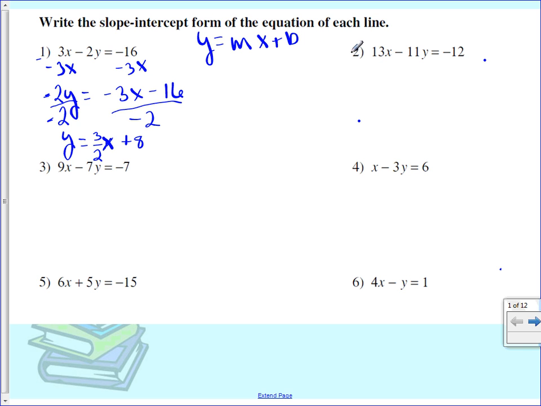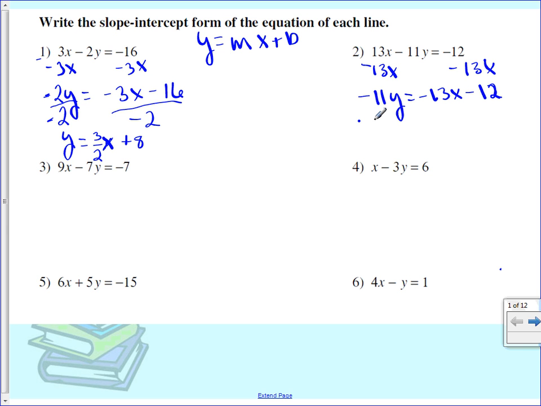All right, number 2. Let's subtract that 13x on both sides. Okay. So now I have negative 11y equals negative 13x minus 12. Now I'm going to do what?